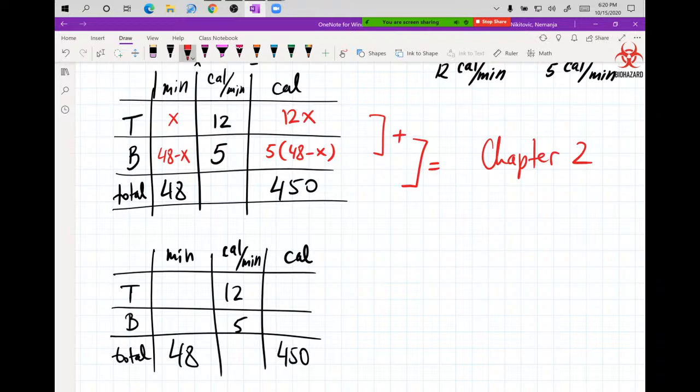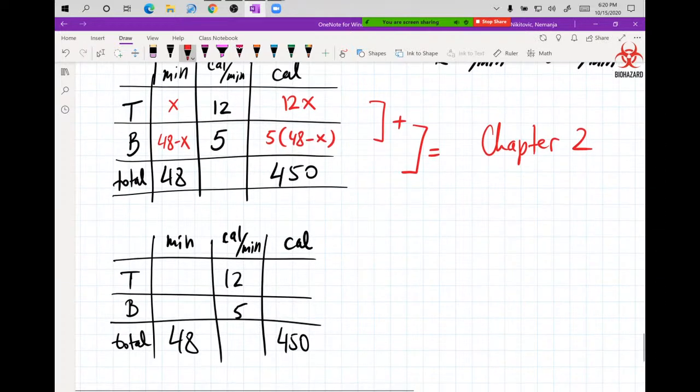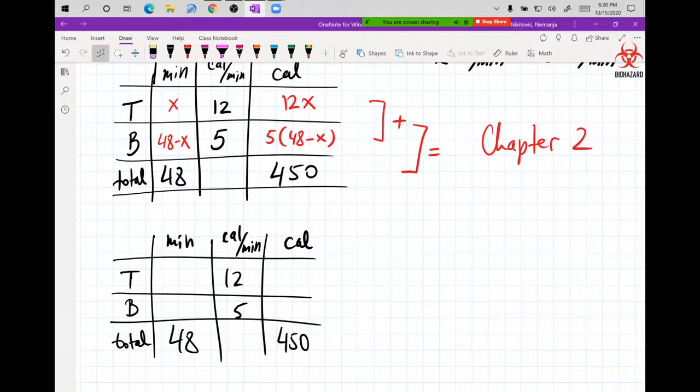Now, if you want to solve this problem using chapter 4, two equations, two unknowns, then you can put x and a y here. You say, I don't know how long the student was on the tread climber, that's x. And the second one is y. I don't know how many minutes the student spent on the stationary bicycle.